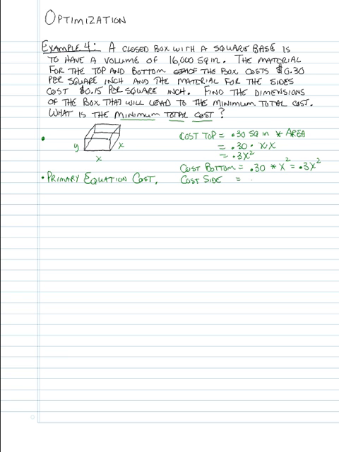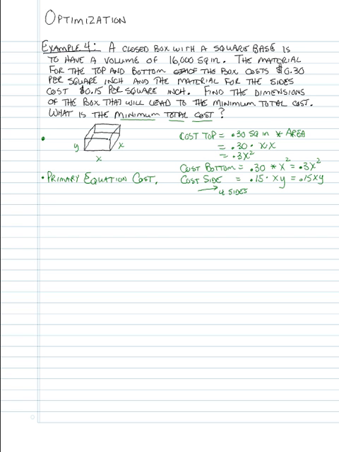The material for a side costs 15 cents, or $0.15, times the area of a side. But the area of a side has one dimension x, and the other dimension is y. So we get 0.15 times xy. But there are 4 sides, okay? So don't forget that there are 4 sides.